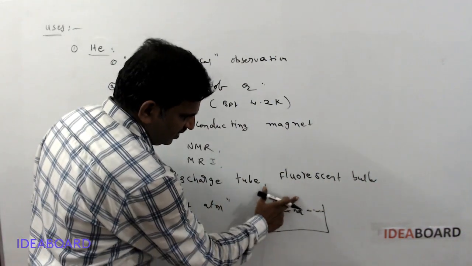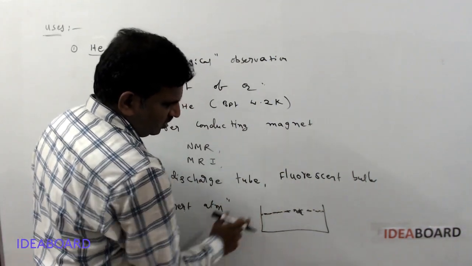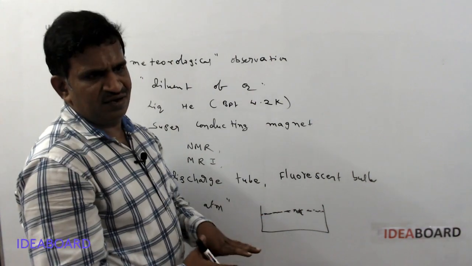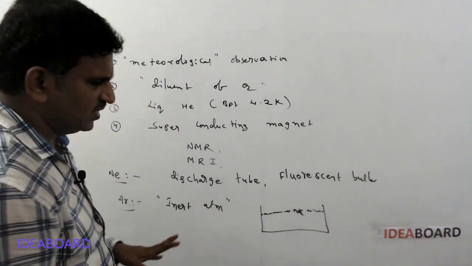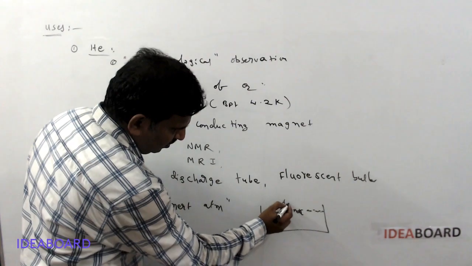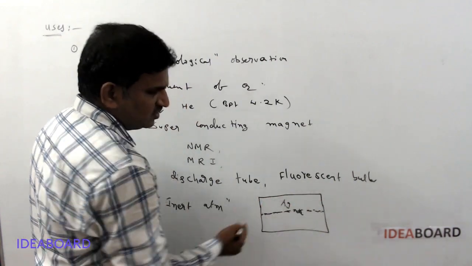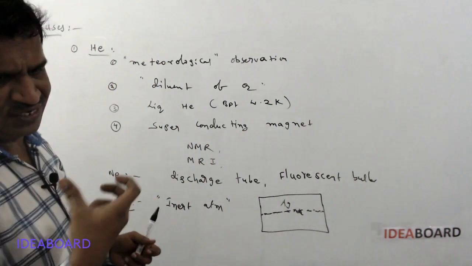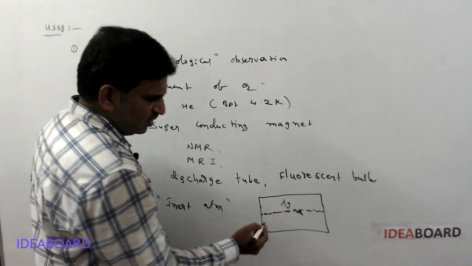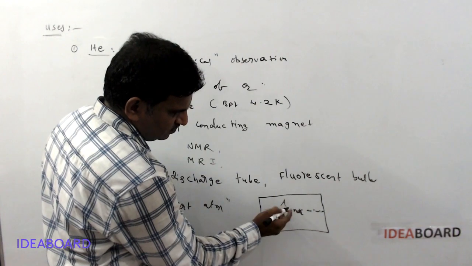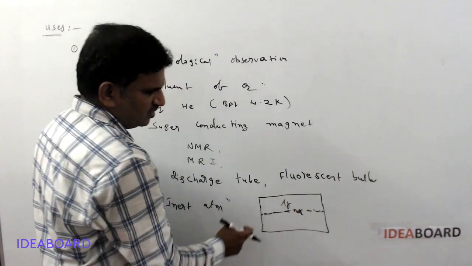So here, to get pure sodium metal without converting into sodium oxide, we take an argon atmosphere. Means it is completely closed and fully evacuated. Oxygen is evacuated, removed, and we take argon.